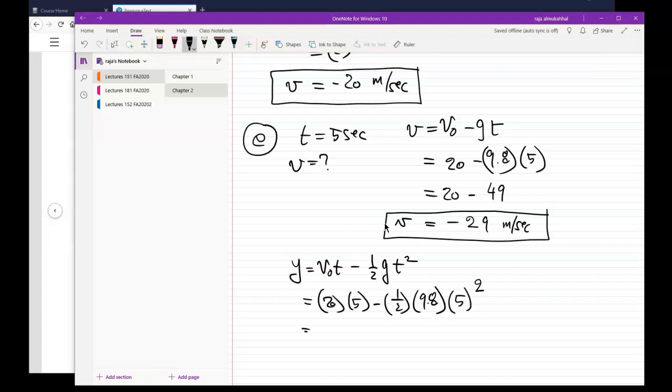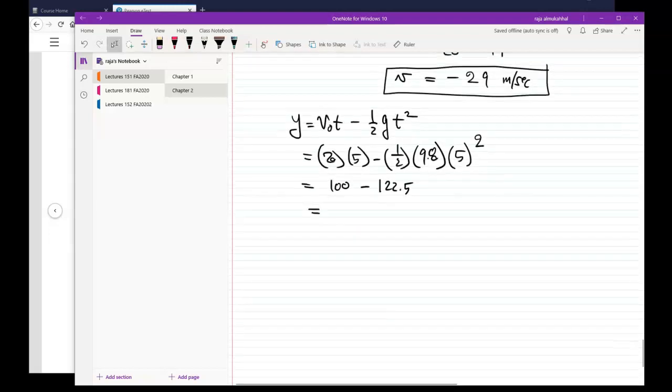I do the calculations here. 20 times 5 is 100 minus 4.9 times 25, which is 122.5. And when I subtract them from each other, I'm going to get a distance of negative 22.5 meters. There we go. That's the position of the particle. You got it? Okay, good.